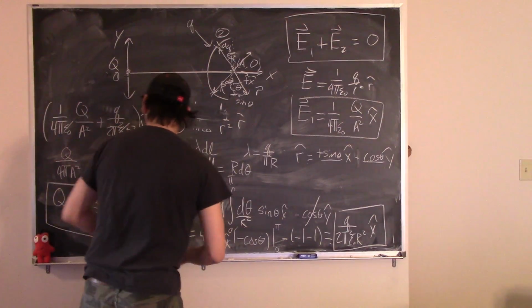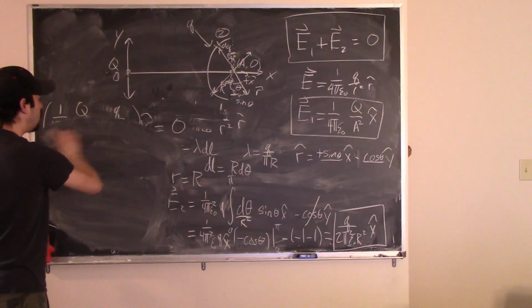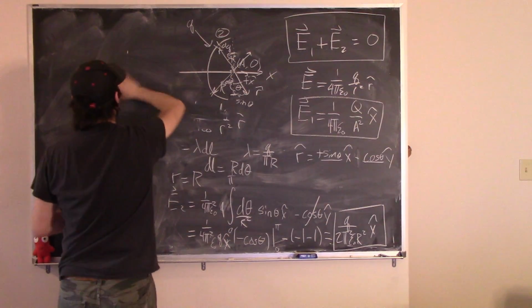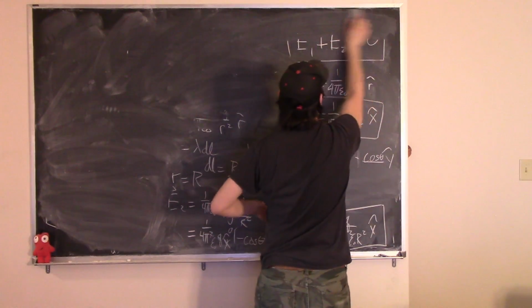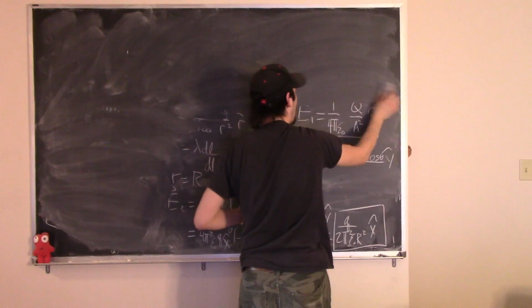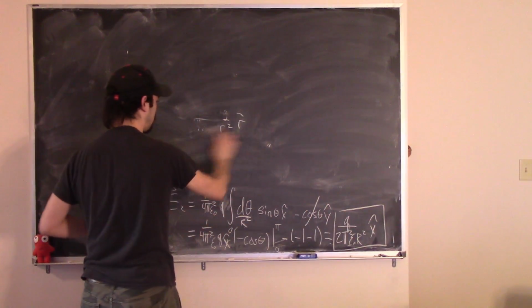Okay, so the first problem that I gave you was one of these problems where we give you some box or some cube, and we want to find what the charge is inside the cube based on the electric field that we also give you.